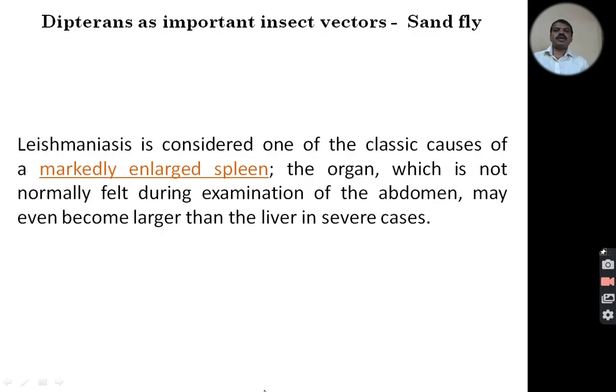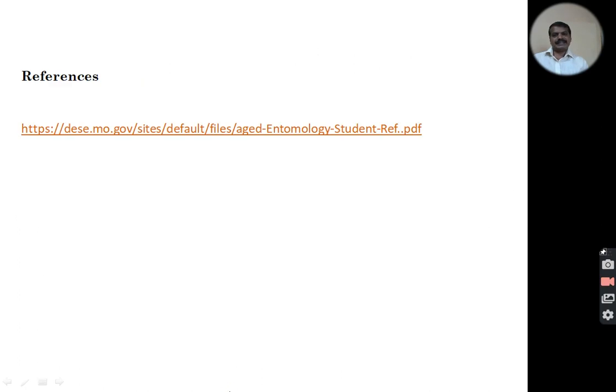So this is all about dipterans as important insect vectors. The example is the sandfly, which causes sandfly fever and leishmaniasis.